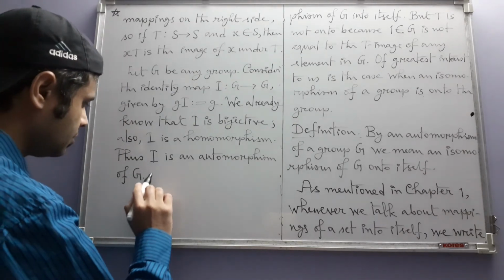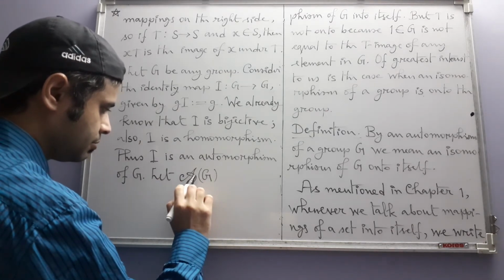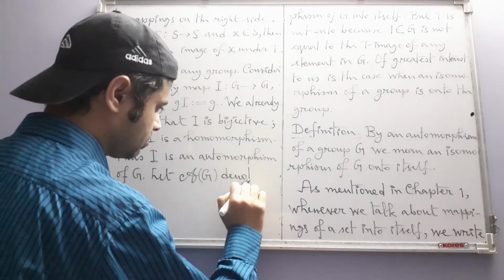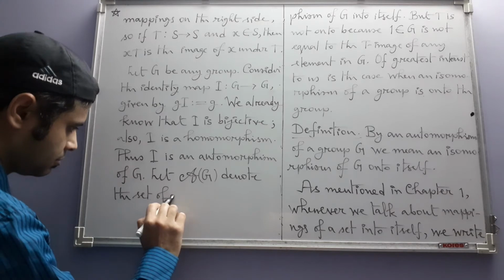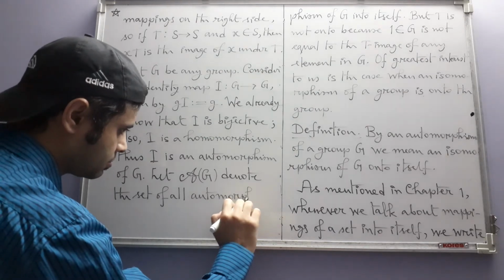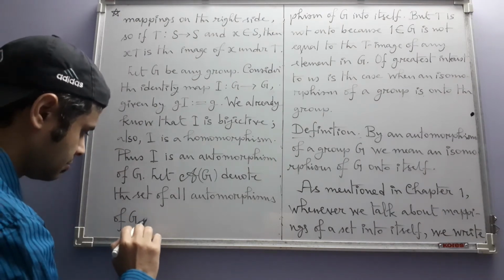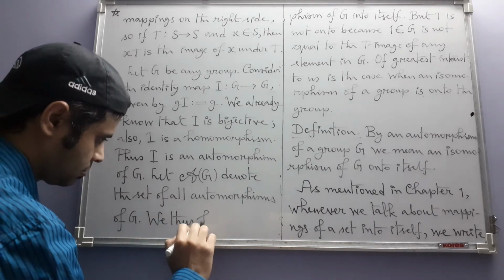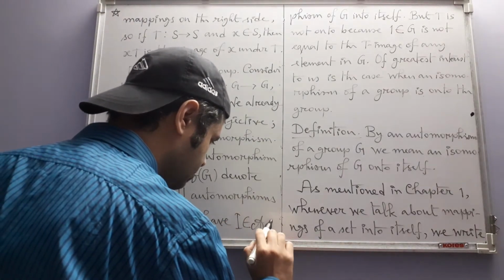Okay, let A(G), this type of A, denote the set of all automorphisms of G. We thus have I as an element of this set.